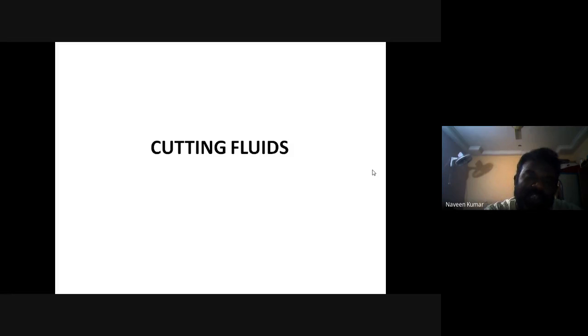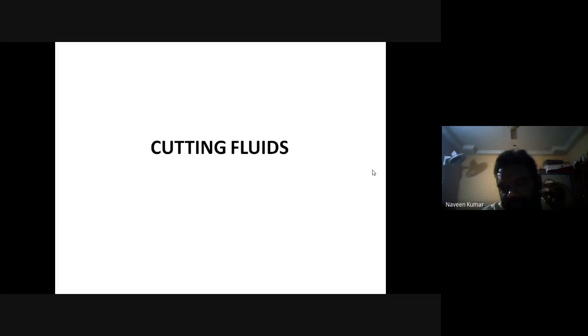Next, able to flush away the chips from metal cutting zone.